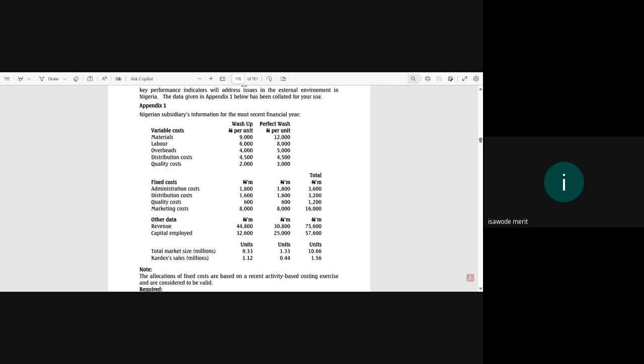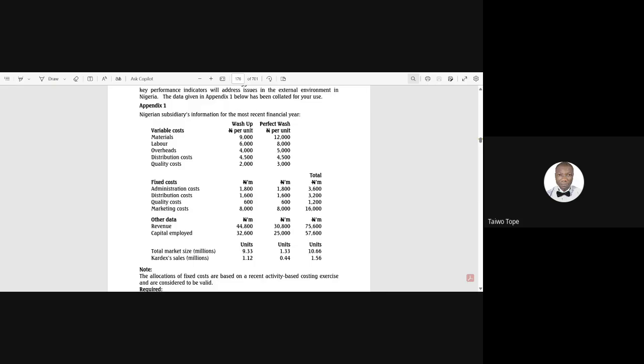You just go there and pick it. Total quality cost. So go and pick all the issues of quality in variable, in fixed, and add them together. And you get your results.